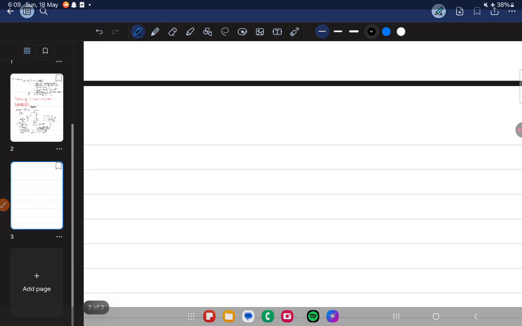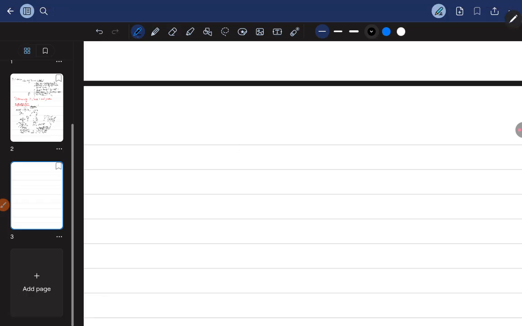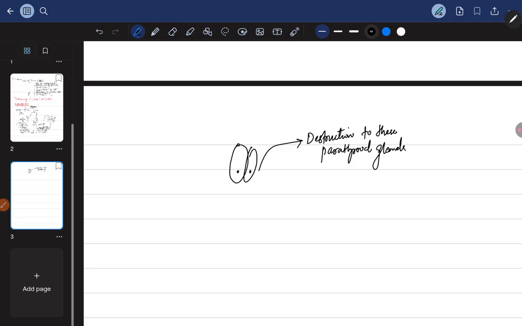Okay, now whenever there is any sort of destruction to these parathyroid glands, what will happen?